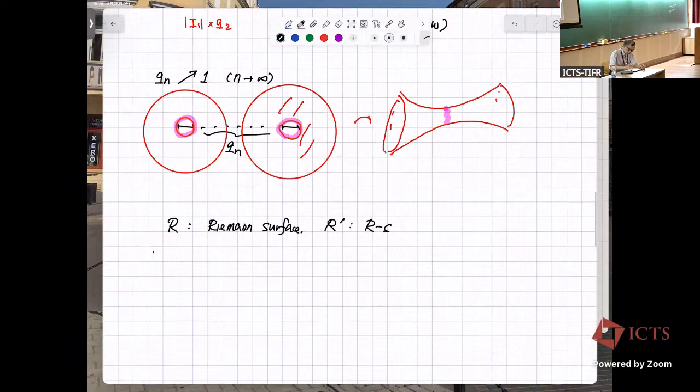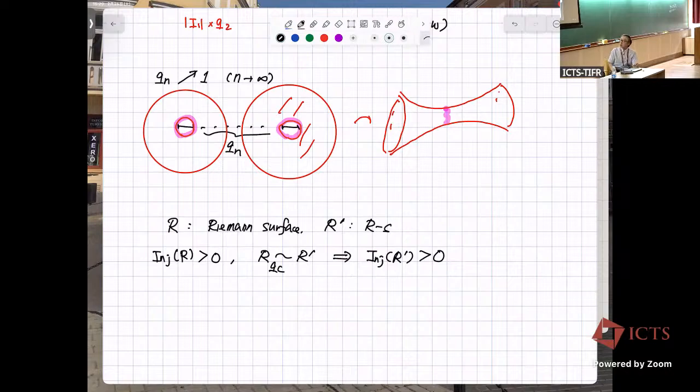If the injectivity radius of R is positive, and R and R prime are quasiconformally equivalent, then the injectivity radius of R prime is also positive. The proof is done using the so-called Wolpert's lemma about hyperbolic lengths and quasiconformal mappings.